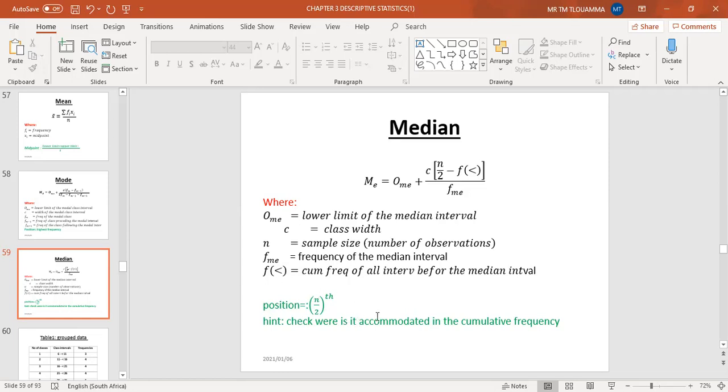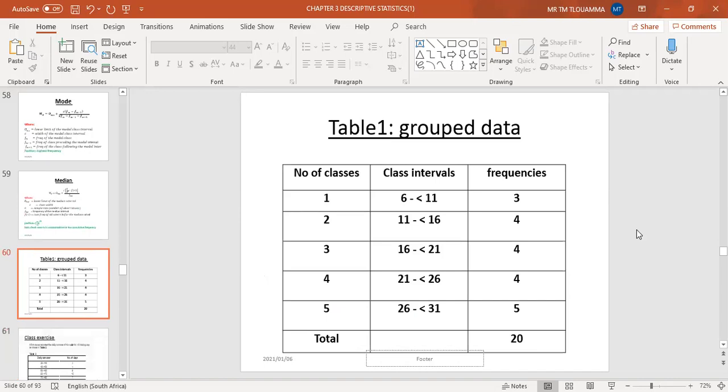So you see, the n divided by 2 is the position of your median. That's how you're going to find the position of your median.